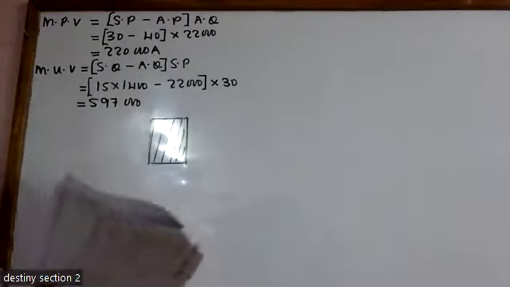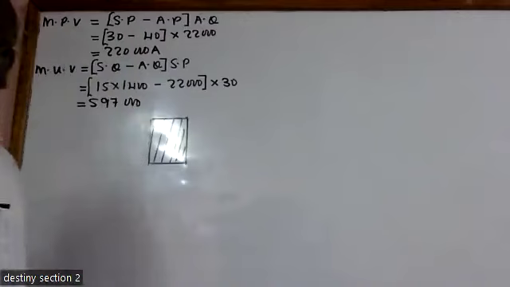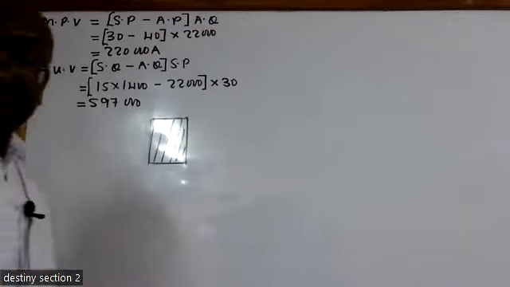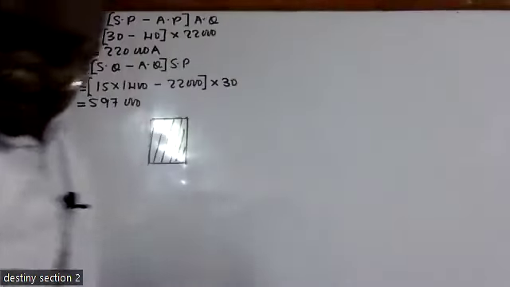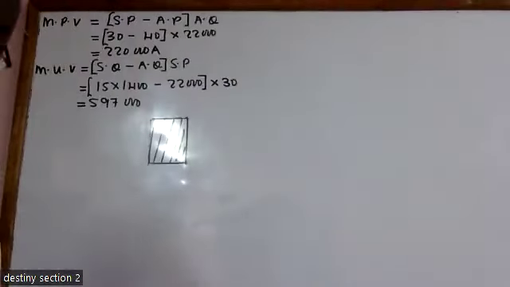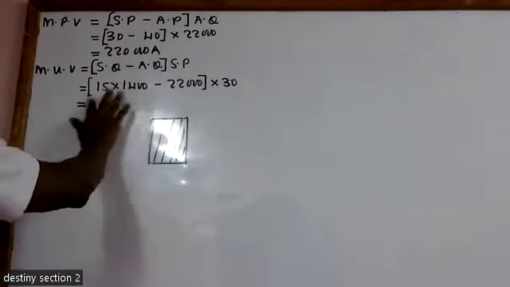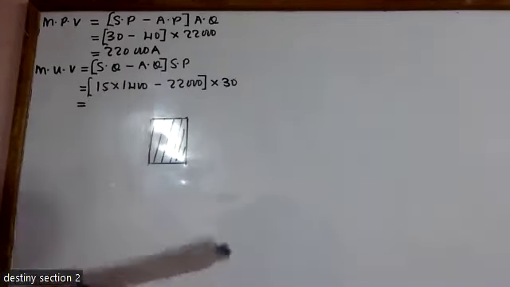Is it favorable or adverse? 15 times 1,400. Even the answer is not that, because this is 21,000, so it should be 30,000.